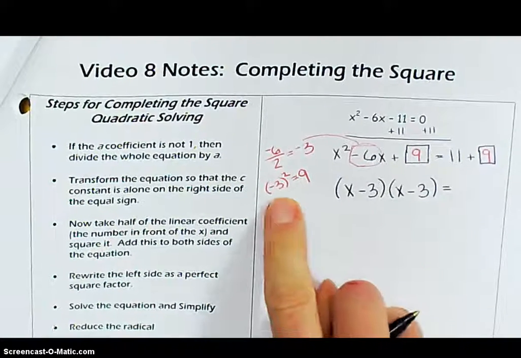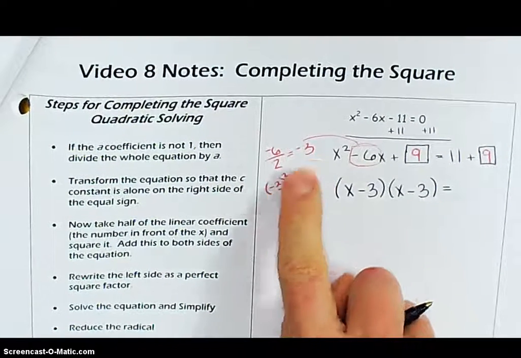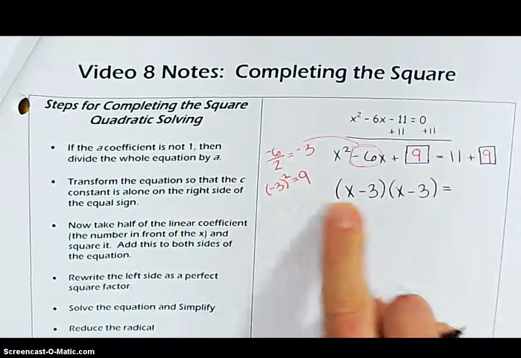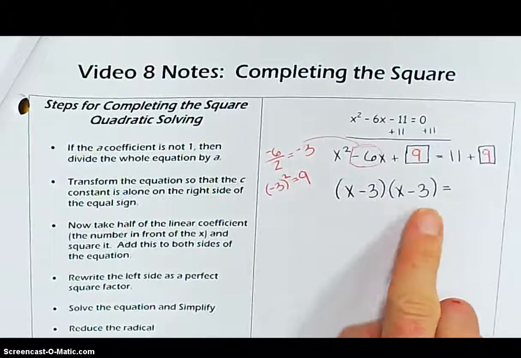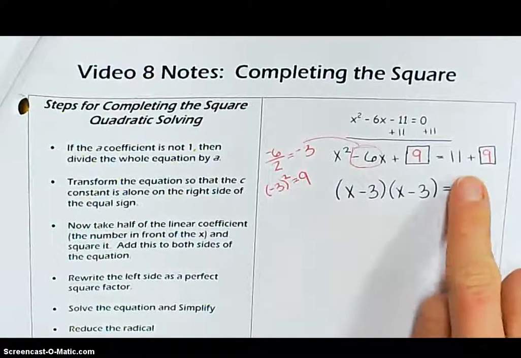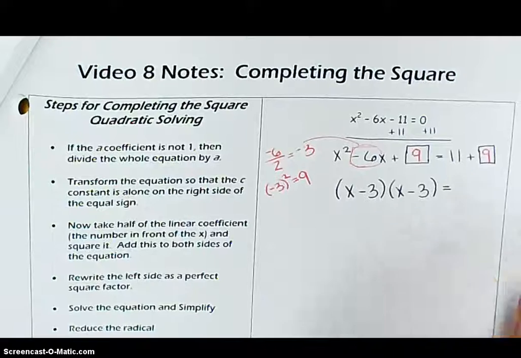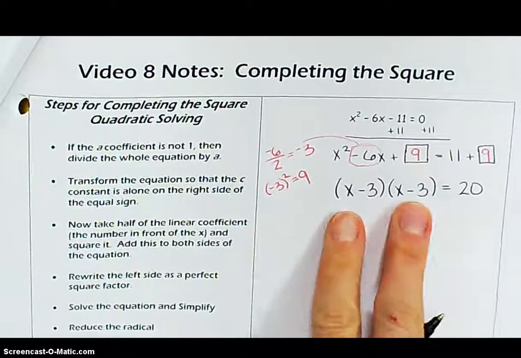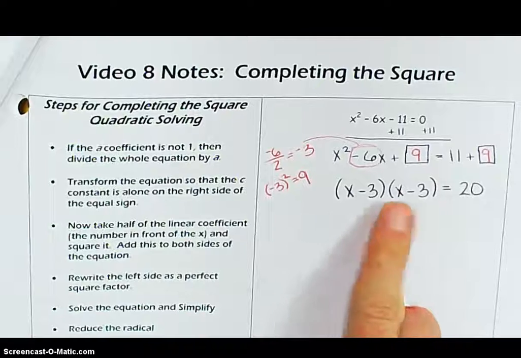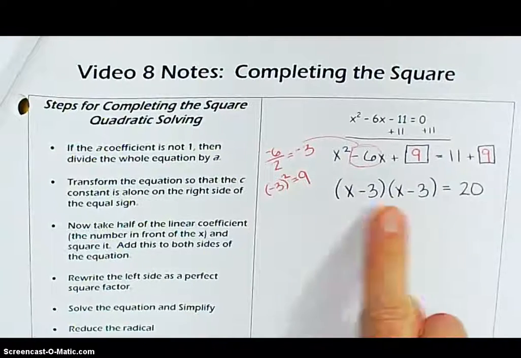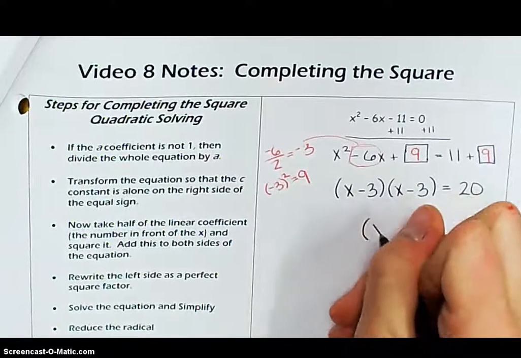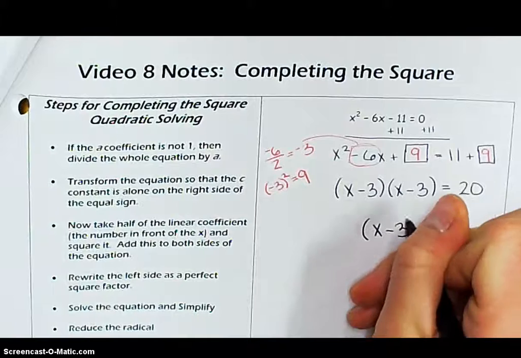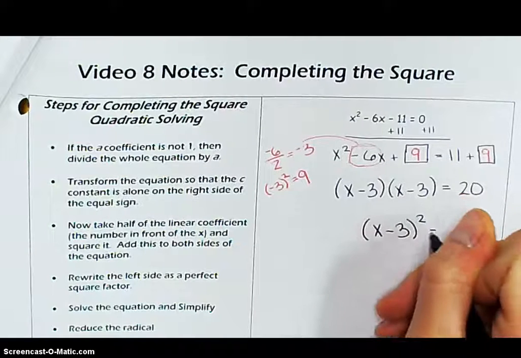Isn't it the same number as you got over here when you took half? And that's the number that you squared. Not a coincidence, we did that on purpose. And then it's going to be equal to 11 plus 9 is 20. Now we're going to write this as a perfect square. Since we have the parentheses and they're the same, instead of writing it twice, we can write it just once. And square it is equal to 20.